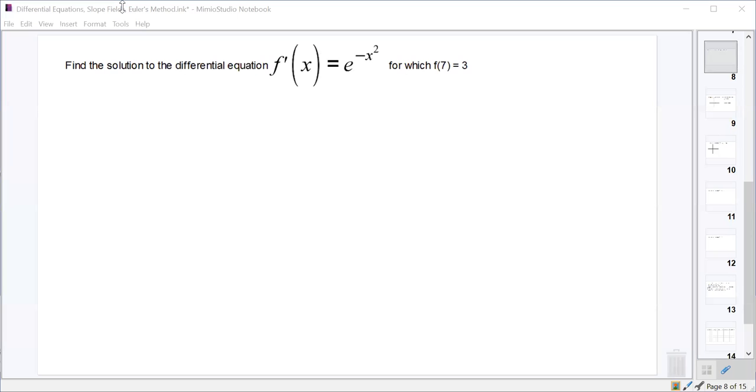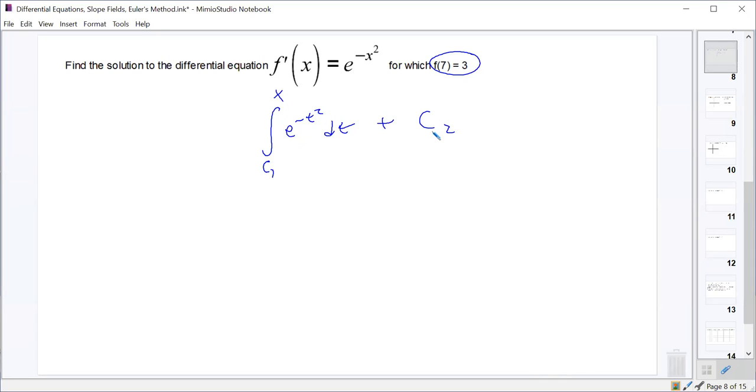And so suppose we wanted to find the solution to this where f of 7 is equal to 3. We need to use the fundamental theorem of calculus. And we would say, well, the integral should just be the integral from some constant to x of e to the negative t squared dt plus some other constant.